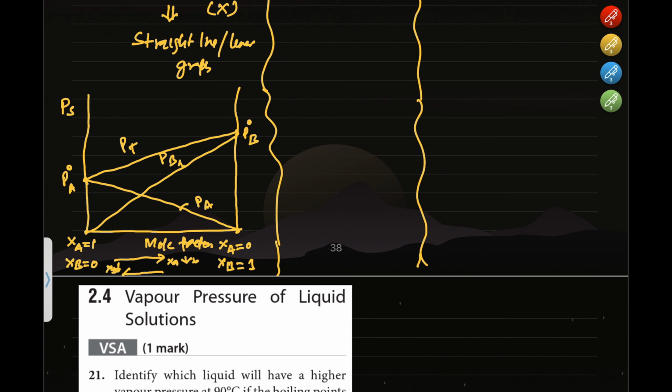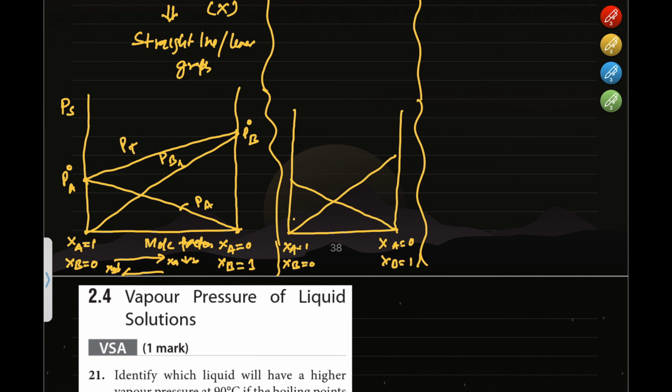Similarly, when we look at the graph for positive deviation, it shows non-linear lines like this. Here xA is equal to 1, xB is 0; and xA is equal to 0, xB is equal to 1.